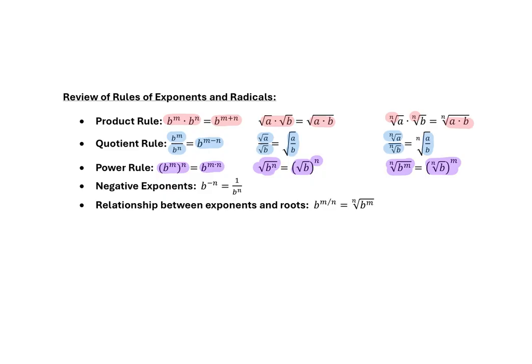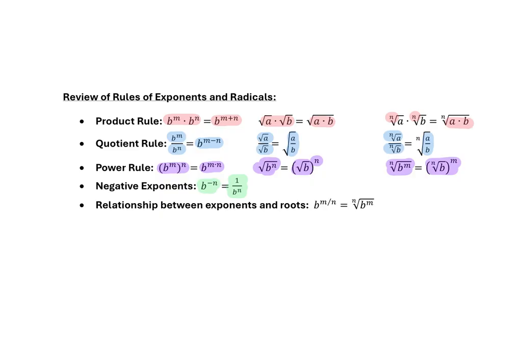The next one that we have is negative exponents. Remember that negative exponents are our reciprocals. We basically want to just move things to the other side of the fraction bar, and then you can change the exponent to positive.